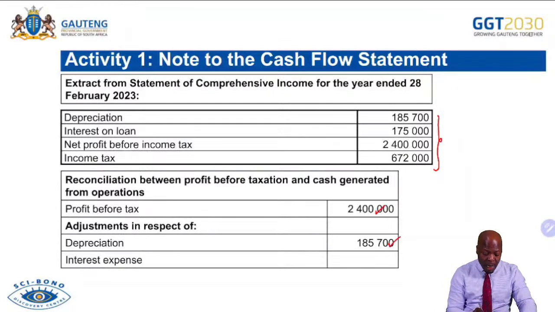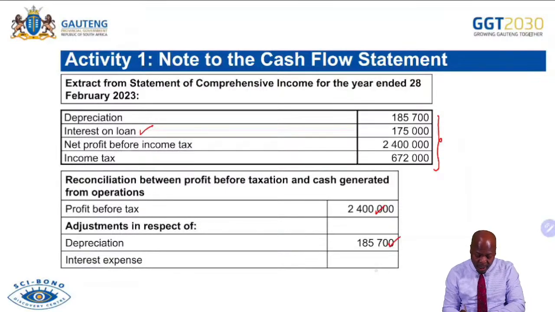We are looking for the interest on loan. And then when we come down here, you can see I'm not writing it as interest on loan. I'm bringing my interest expense. And my interest expense, remember, is still the same amount though. Then I'm bringing my 175,000. So on my adjustments, remember, only two aspects come to the adjustments. That is the depreciation and the interest expense.